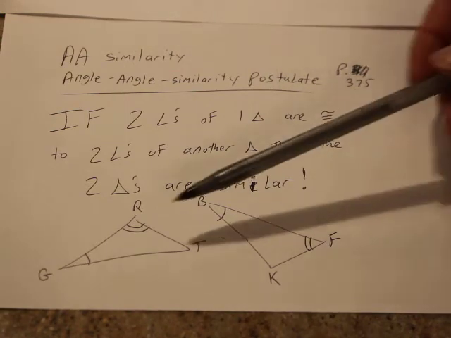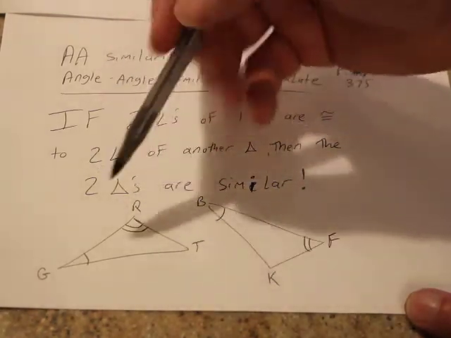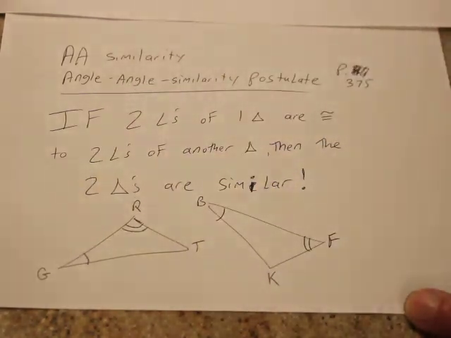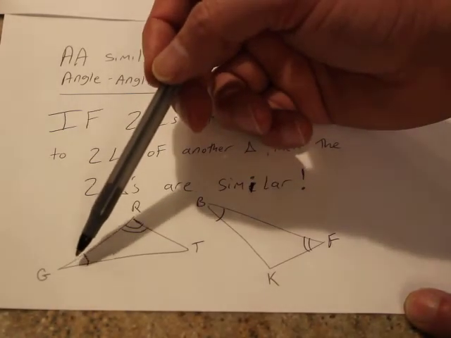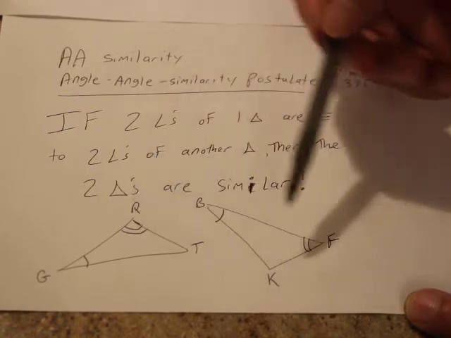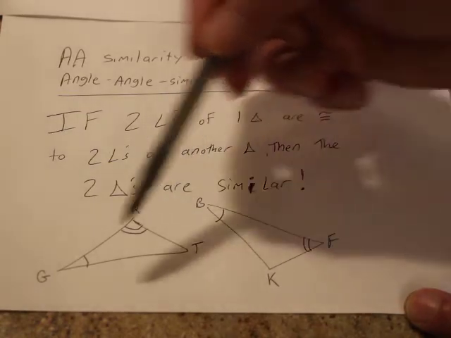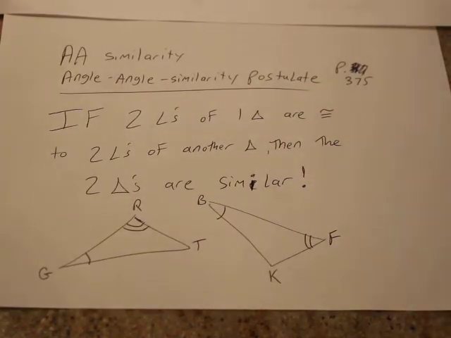So if you look at my example here, I have a triangle right here, triangle RTG, and I have another triangle over here, and angle G is congruent to angle B, angle R is congruent to angle F, so two angles of this triangle are congruent to two angles of that triangle, therefore these triangles have to be similar.